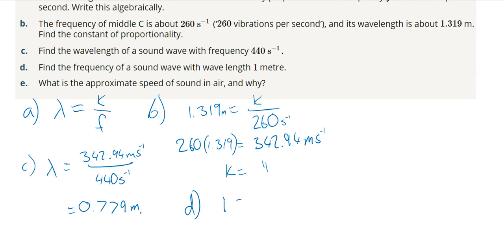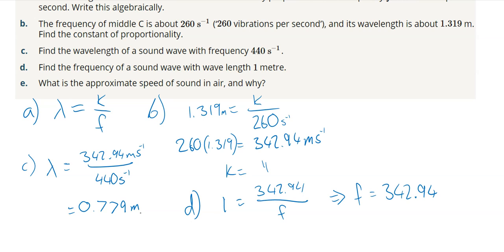So essentially 1 equals 342.94 over frequency. So frequency would have to equal what? 342.94. So the frequency is exactly the same as the vibrations, which makes sense.